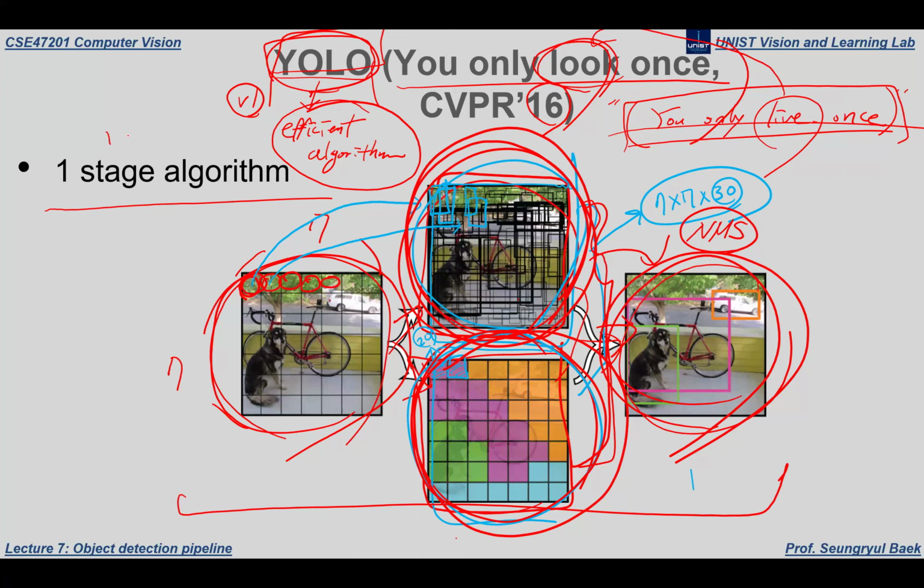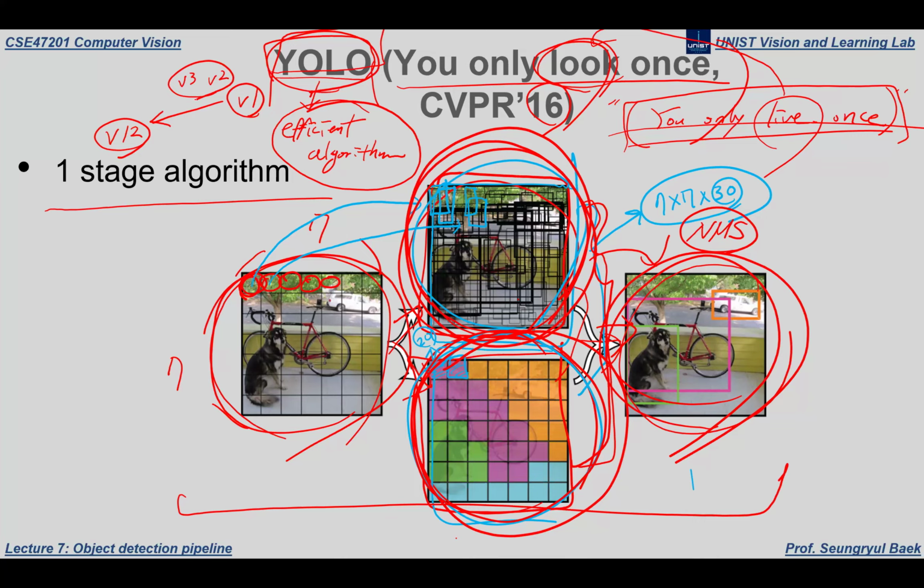But now we have YOLO version 12. Okay, so it has been 10 years since YOLO version 1, and there have been a lot of algorithmic improvements. We will see what YOLO version 2 and YOLO version 3 are in later lectures, and how they improve on YOLO version 1.